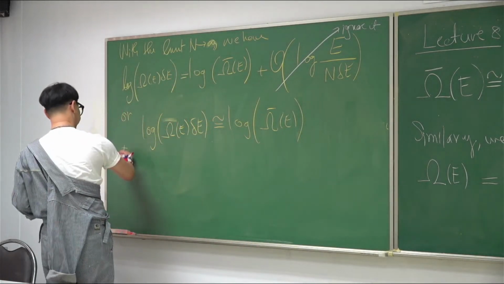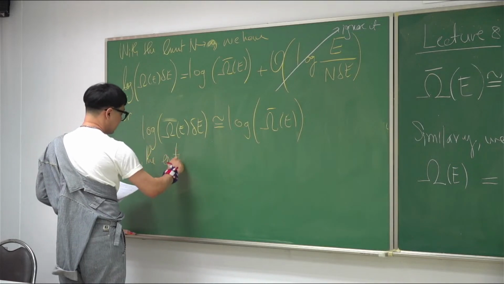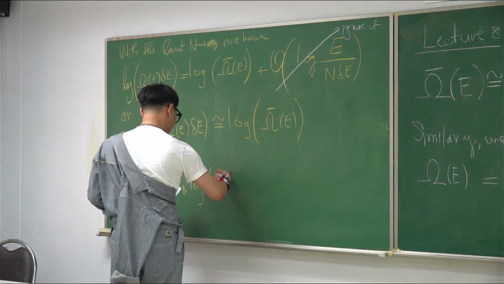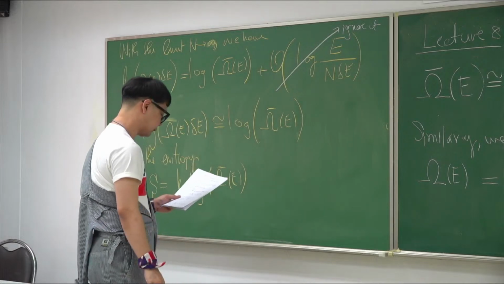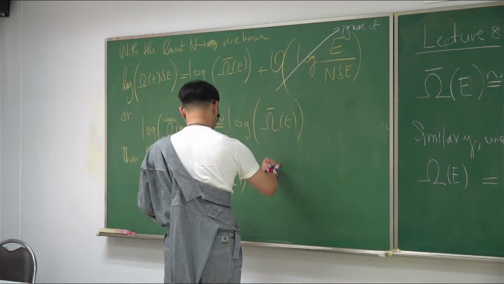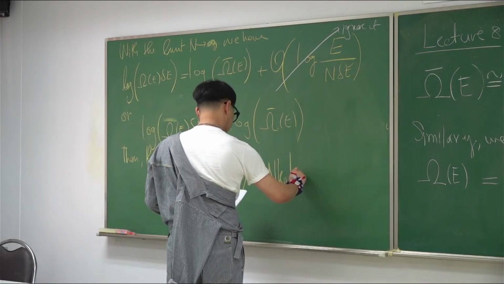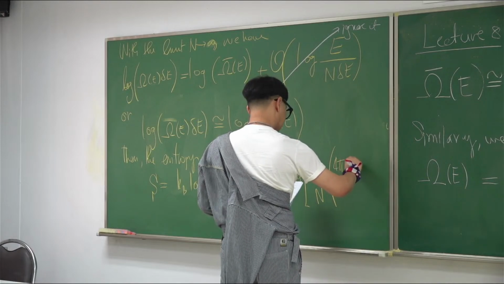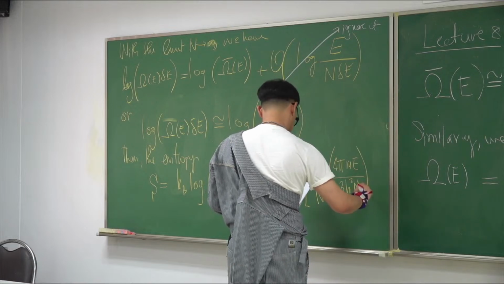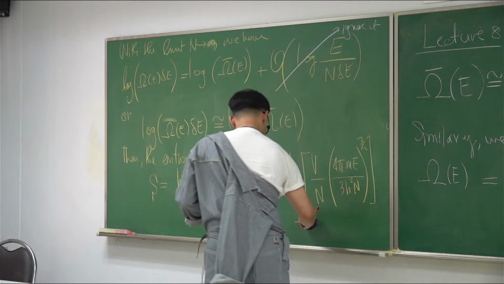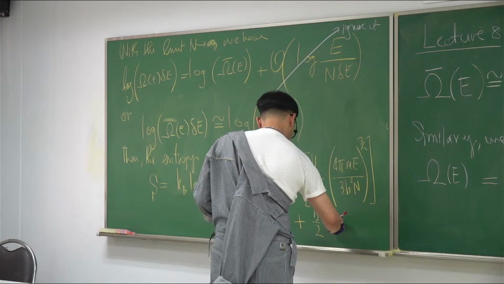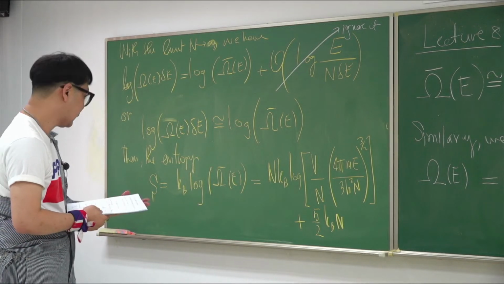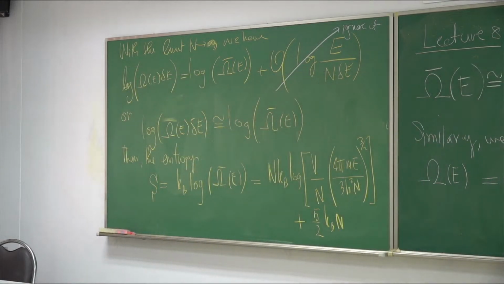Then the entropy could take the form of the omega bar, okay, which is plus, okay, this is your entropy, right? This is for the classical gas, okay.